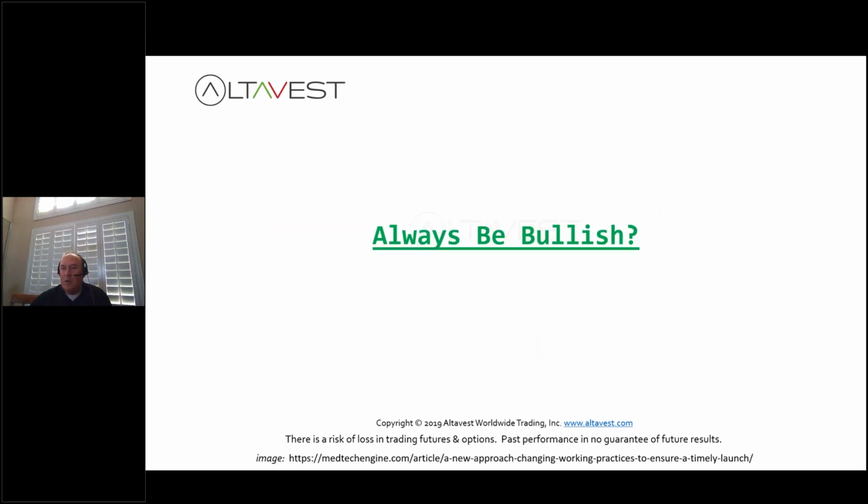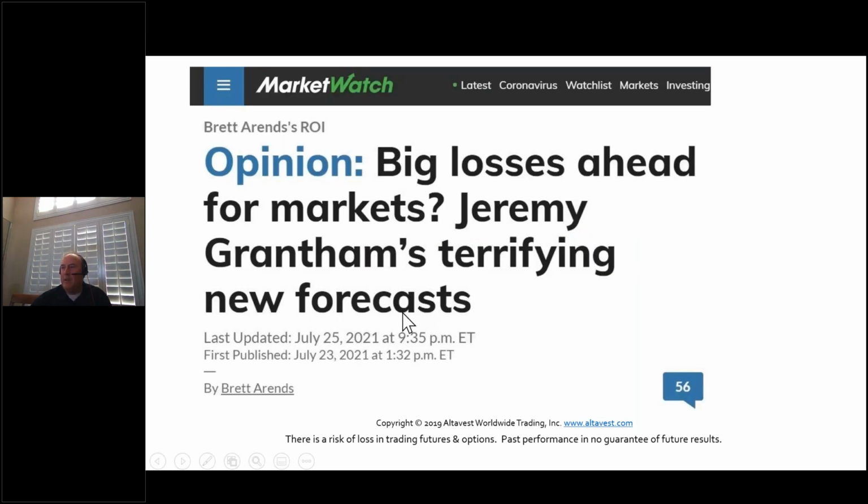And do you always want to be bullish? Here's one reason I think it's important now more than ever: markets are making dramatic all-time highs, it seems, every other day, and it's probably going to keep up that pace for a while, as long as the Fed continues with their policies. But look at this forecast from Jeremy Grantham, someone to pay attention to.